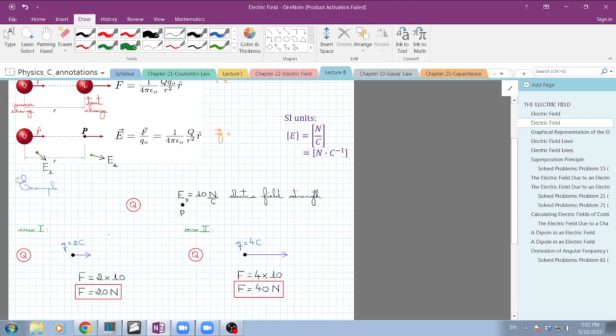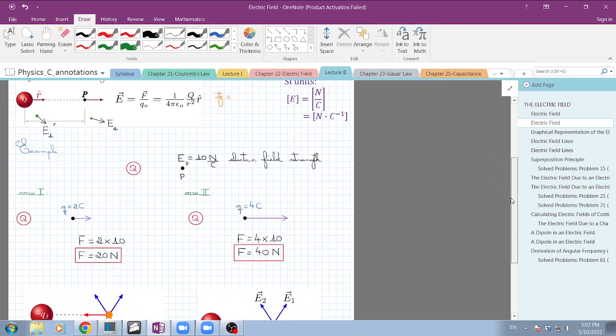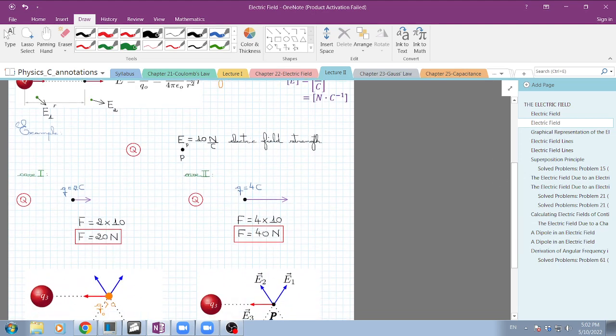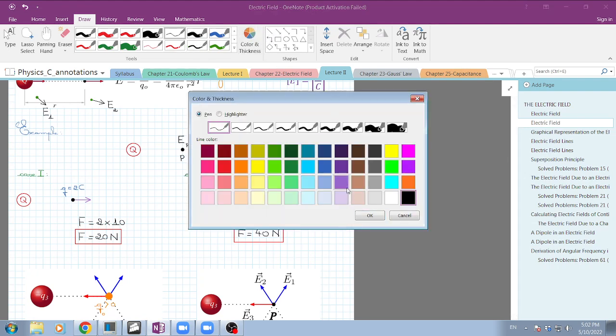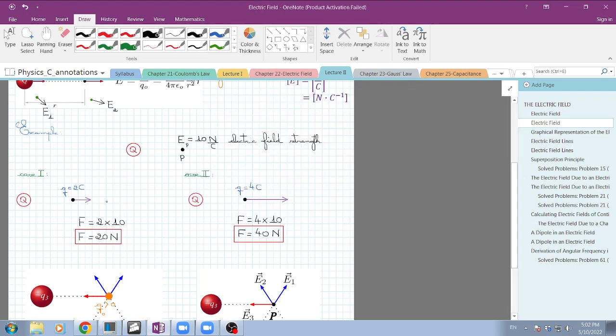If you put a charge of 2 coulombs at this same point in space, you're going to generate a force of 20 newtons that I represent with this vector here. So this is going to be a 20 newton force.